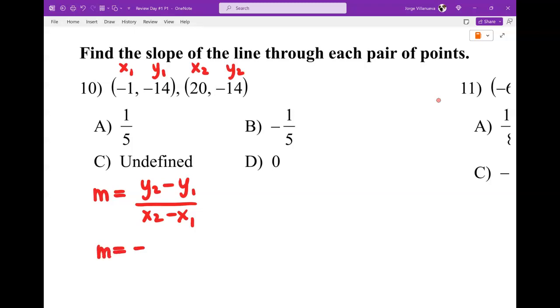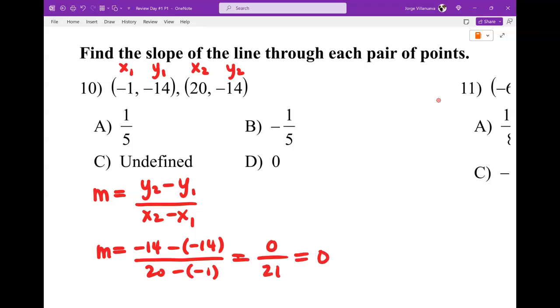So y2 is negative 14 minus y1, which is negative 14, divided by x2, that's 20, minus x1, which is negative 1. Negative 14 minus a negative 14 is 0, over 21, which is 0, so that's D. If you're wondering what would make it undefined, that's if you're dividing by 0. If it was like 21 over 0, that's undefined.